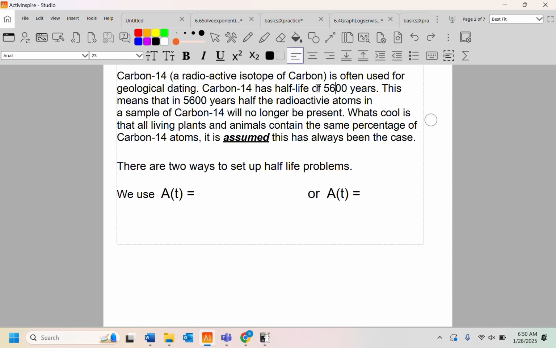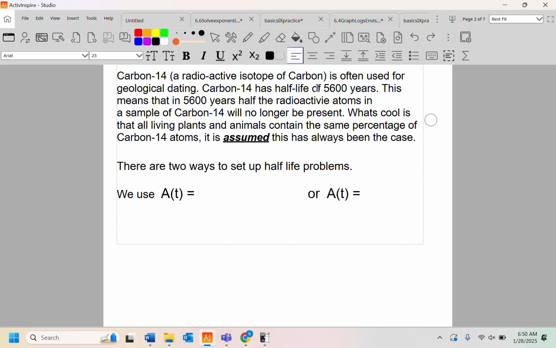So if the sun goes through peaks of increased radiation, it would make sense to me, but I'm just a math teacher, that this would change. I could be wrong. But anyways, it's assumed.